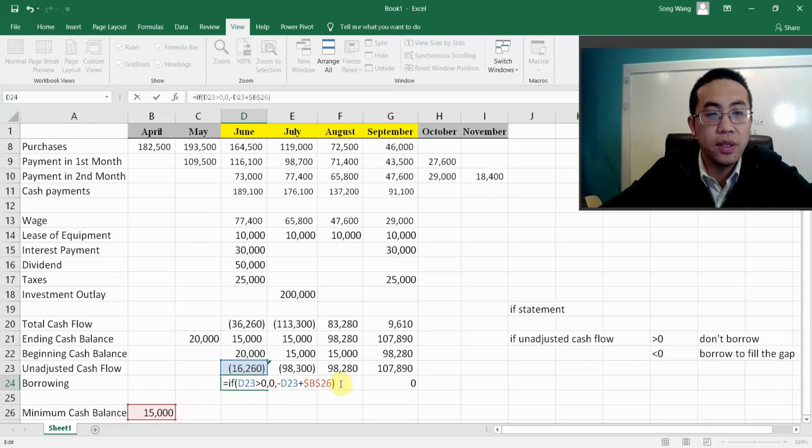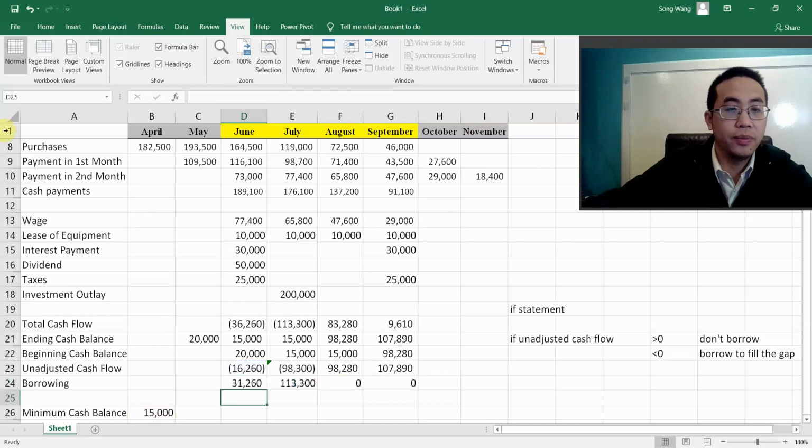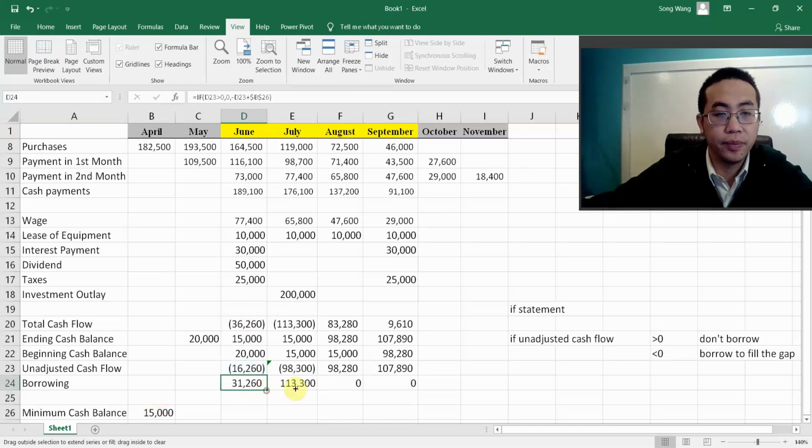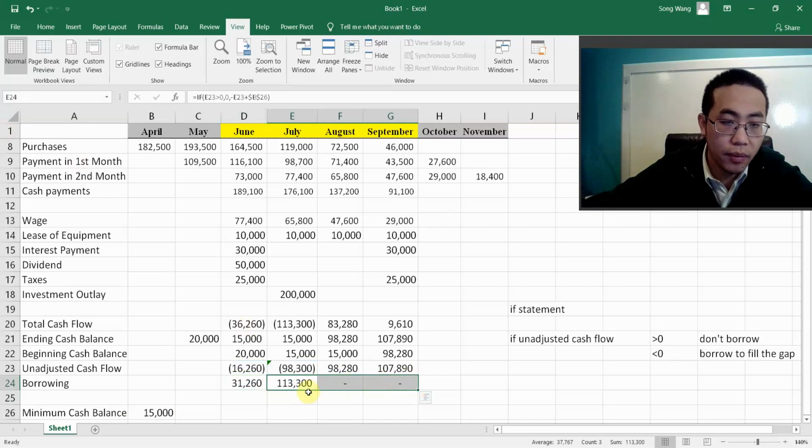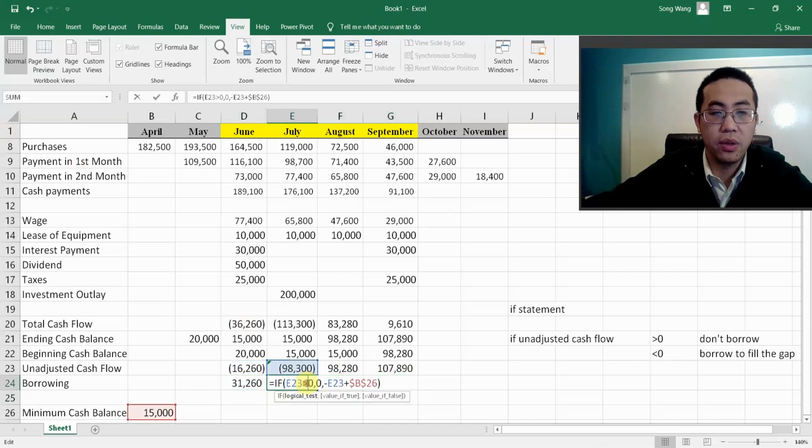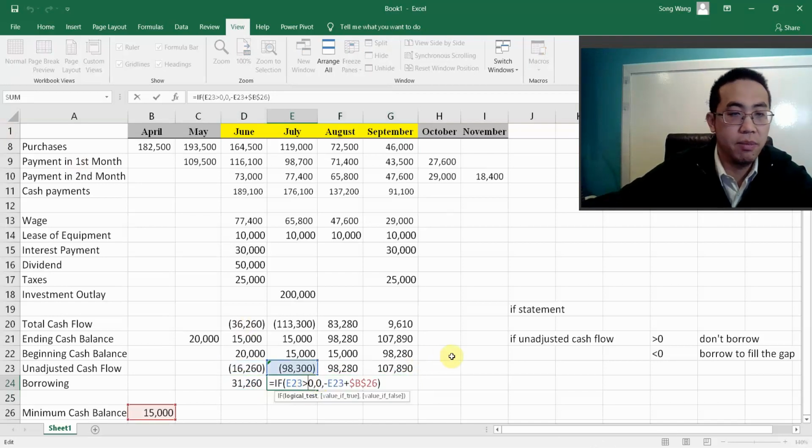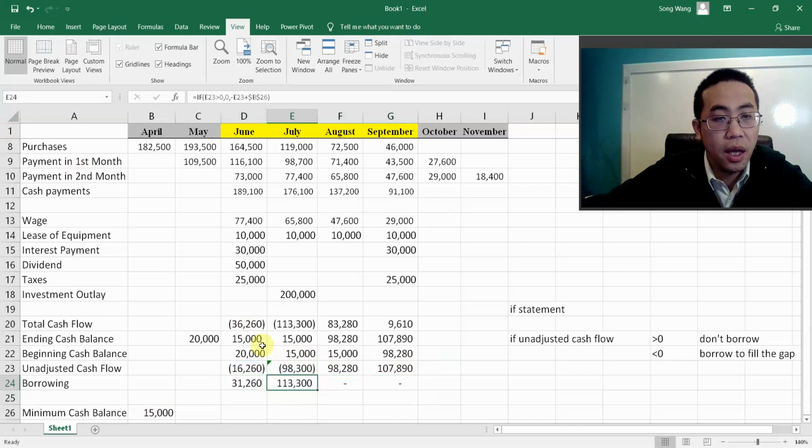Okay, so this is my formula. As you can see, my output does not quite change here. I just changed the formula from a number or a single formula to a complex IF statement. And what about my ending cash balance?